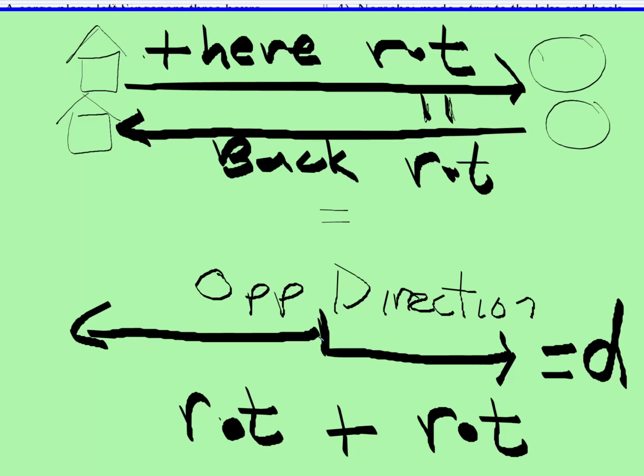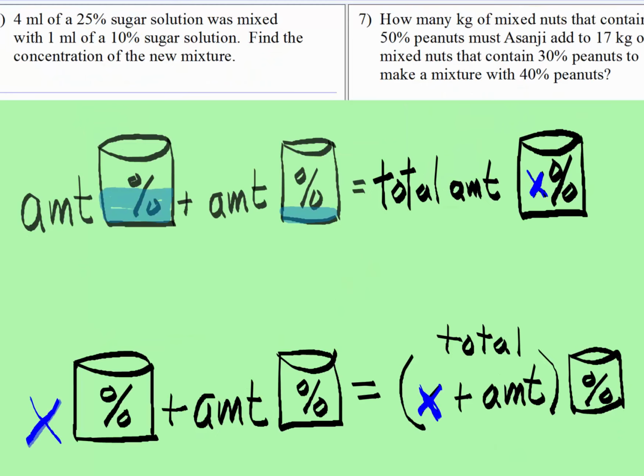The other situation is where we have 2 different things, say 2 airplanes going in opposite directions. So this is going to be a rate times time, and this is going to be a rate times time. Well, those 2 things added together equal the total distance. Typically, you're going to know the distance. You're going to have to solve for one of the other things. Okay, so let's go ahead and take a look at that.